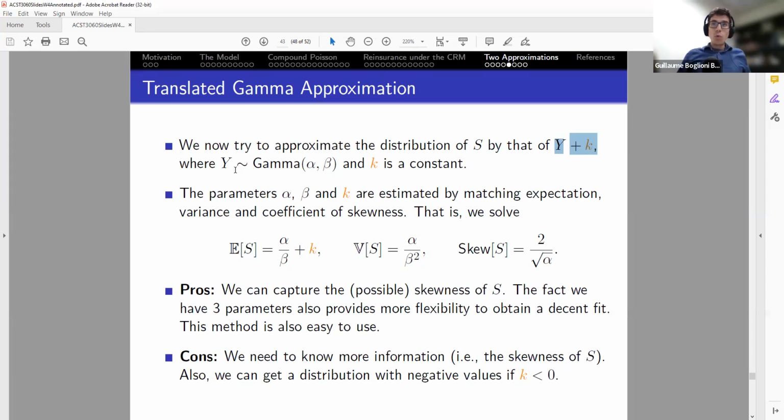So what we're doing here is approximating S with the distribution of this Y plus K, a translated gamma. Why do we bother having a K?